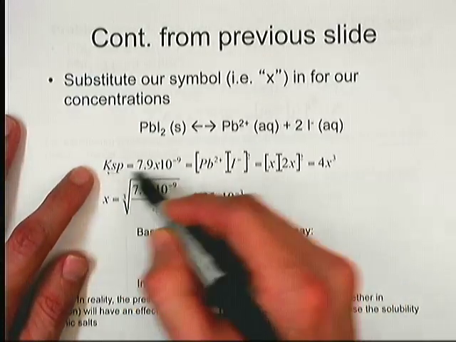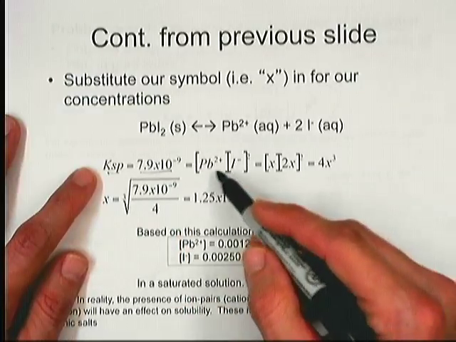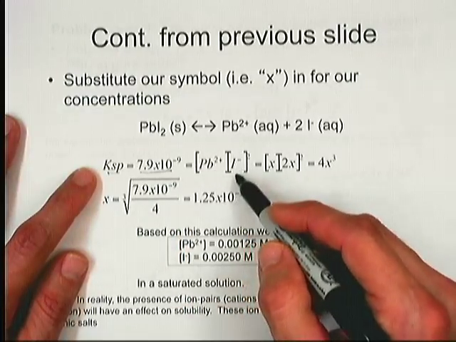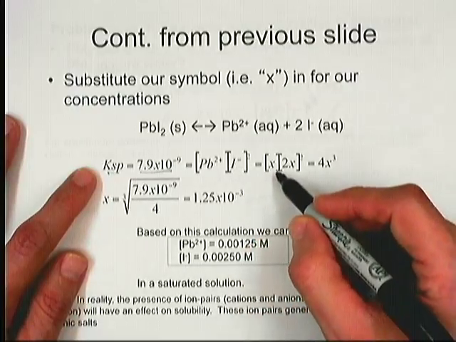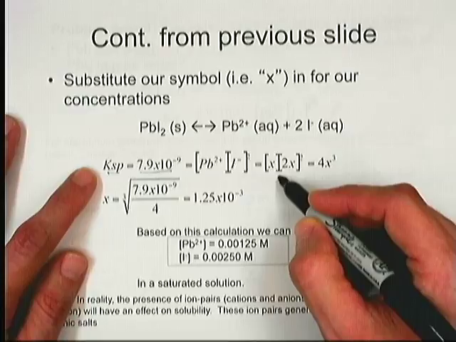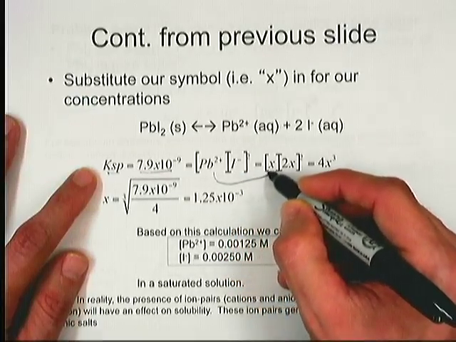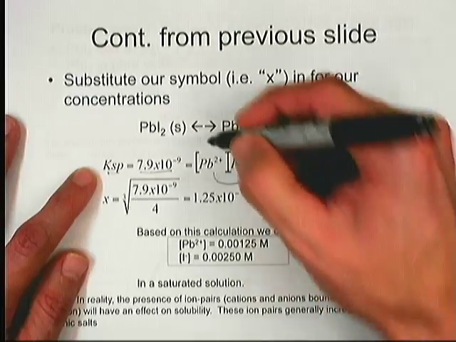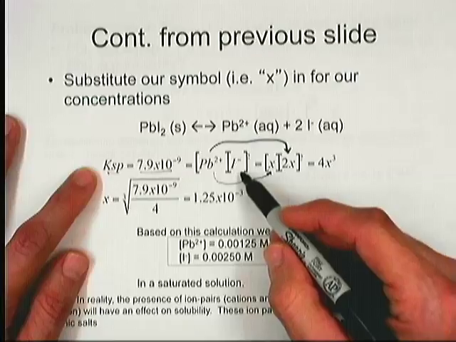So I've rewritten that the Ksp is equal to this value, the tabular value for this salt. It's also equal to the ion concentrations, this one squared, multiplied together. And in this step, what I've done is I've substituted in the x for the lead concentration, and the 2x for the iodide concentration.